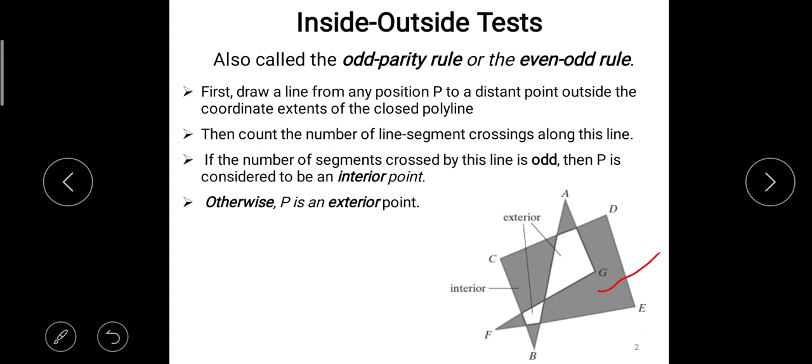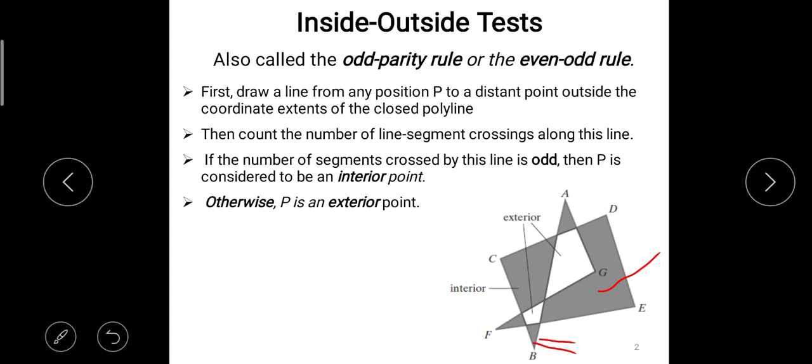Let me take one more example over here. If I take this point and check, even there only one line is going to intersect, which is an odd number of crossings, and hence we call that region the interior region.